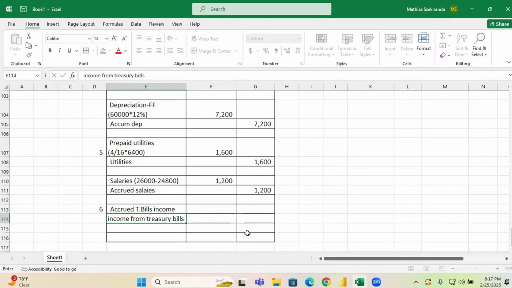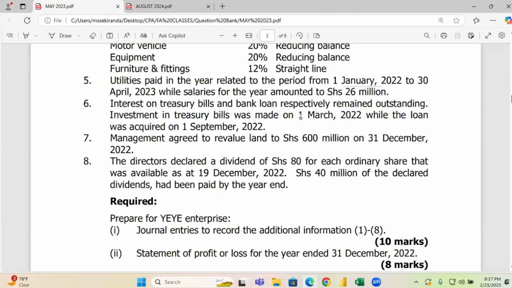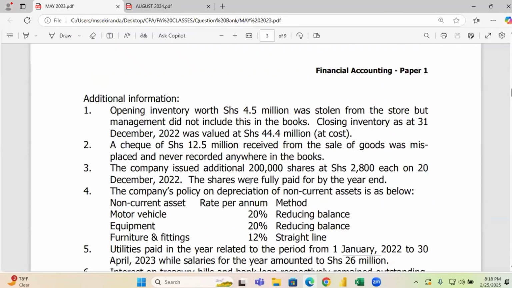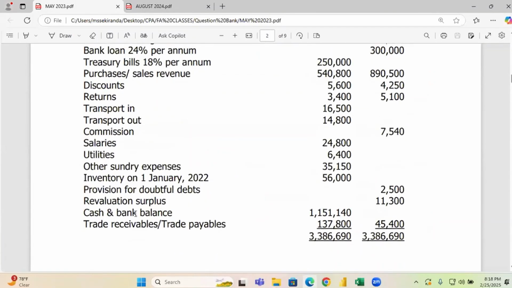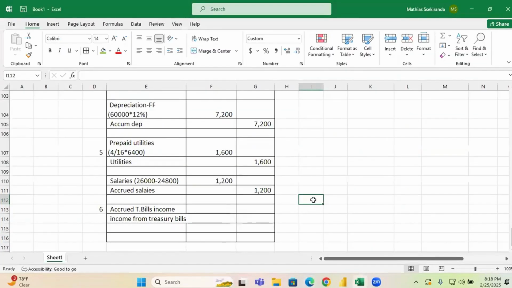So how much do we get? They are telling us the investment was made on 1st March 2022. And how much was the investment? You go here and check. Treasury bills per annum, 18%. So we get 18%.